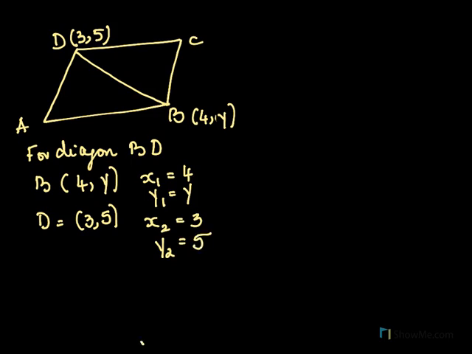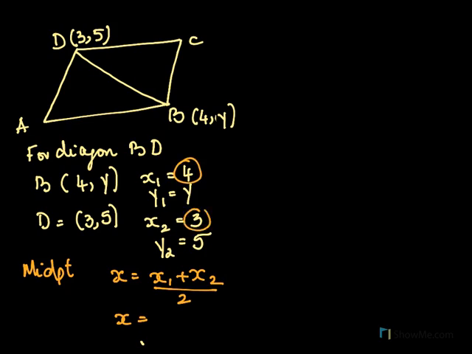Let's find the midpoint. We know the formula for midpoint. Midpoint formula for x will be x1 plus x2 divided by 2. Remember, we are finding the midpoint of BD. Your x1 is 4, your x2 is 3. So 4 plus 3 divided by 2. That is 7 by 2.